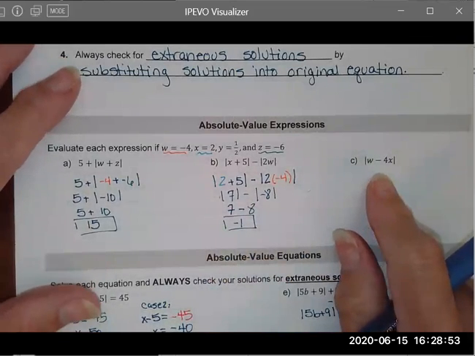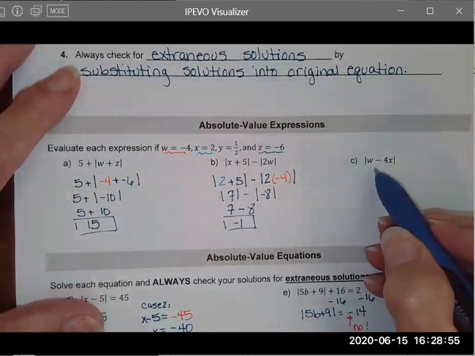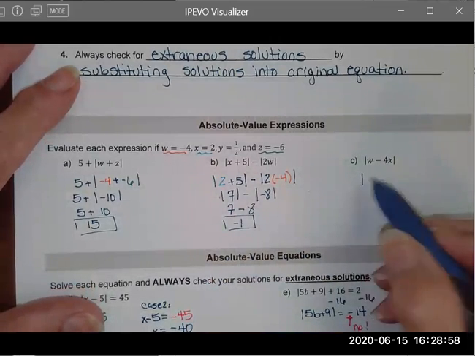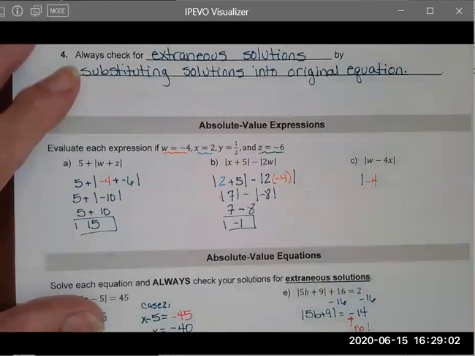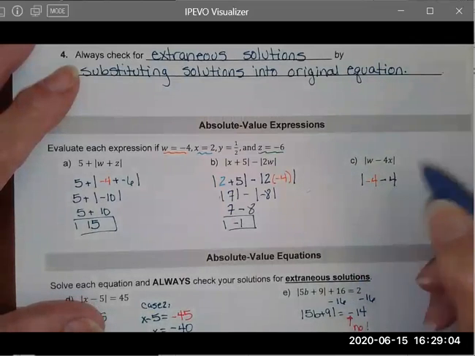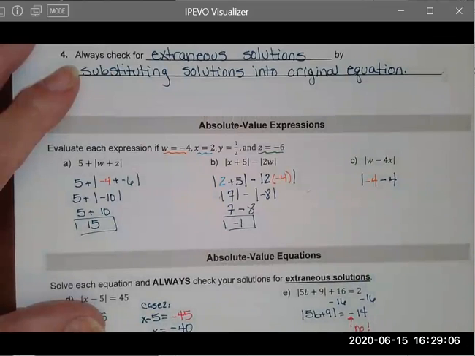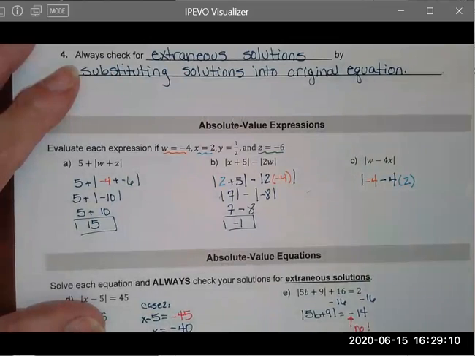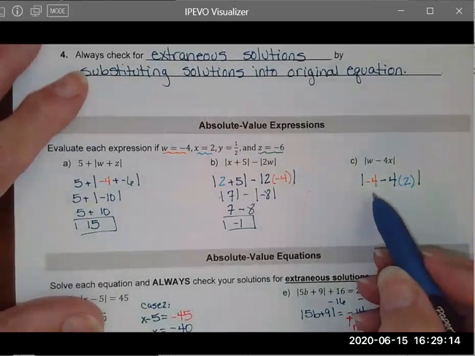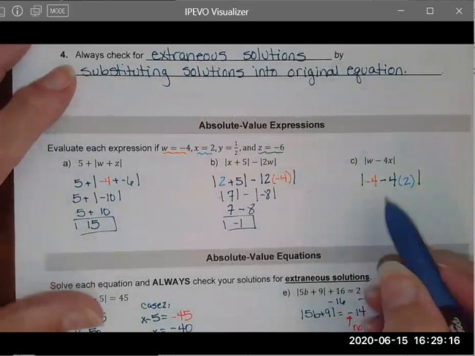Last one. In this particular case, I'm looking at the absolute value of W, which we said was -4. I'm going to subtract from that 4 times the value of X, which in this particular case, again, was 2. I'm protecting it inside of parentheses. I simplify inside my absolute value using order of operations.